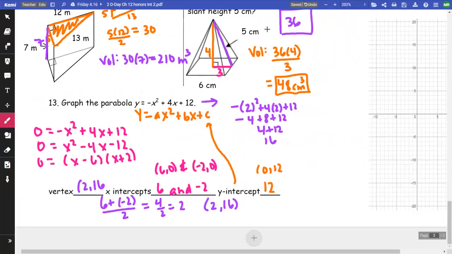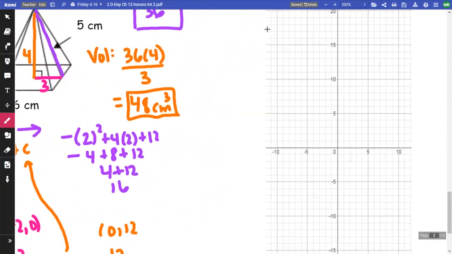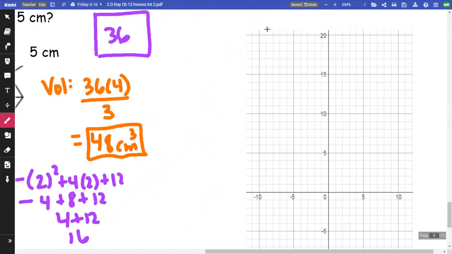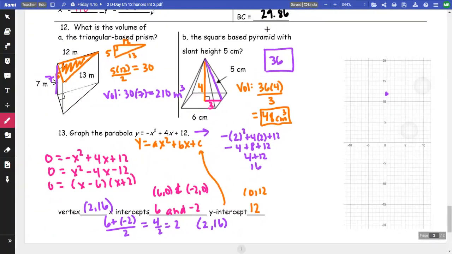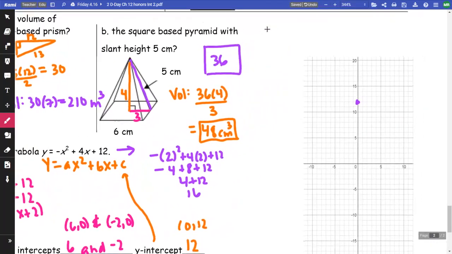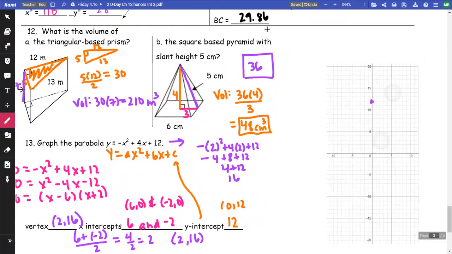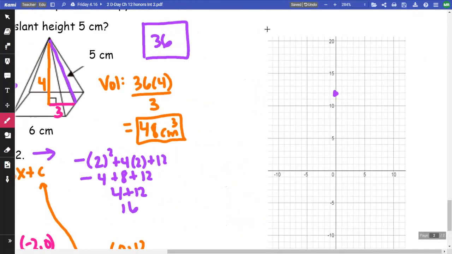And then they wanted us to graph this. So I have a y-intercept at 12. I had a vertex at 2 comma 16.